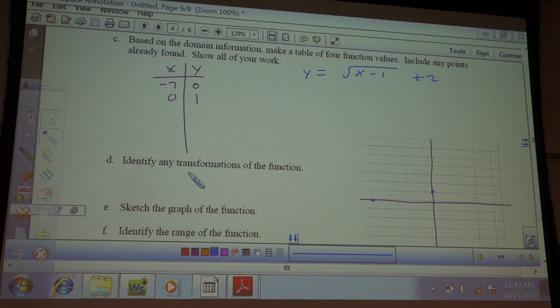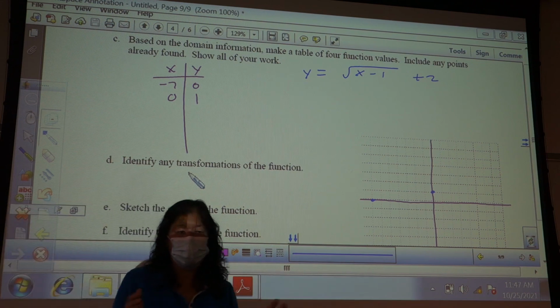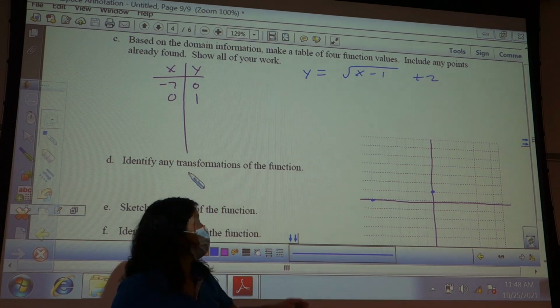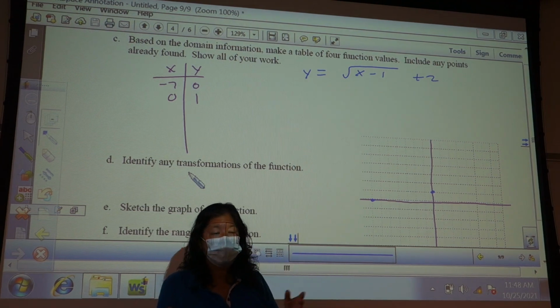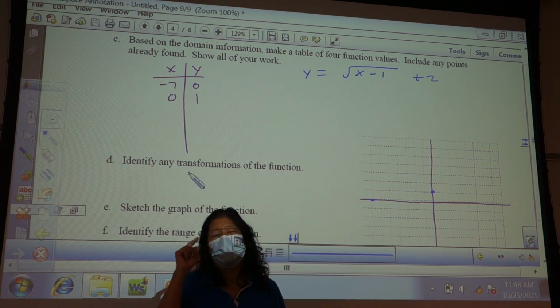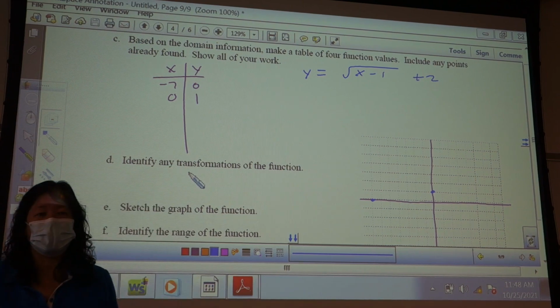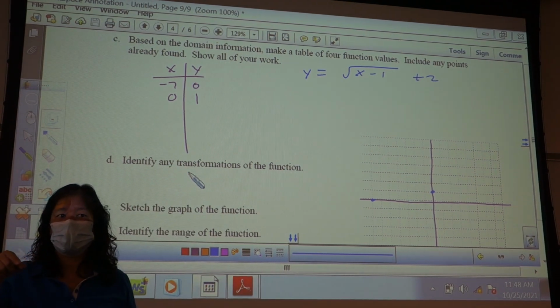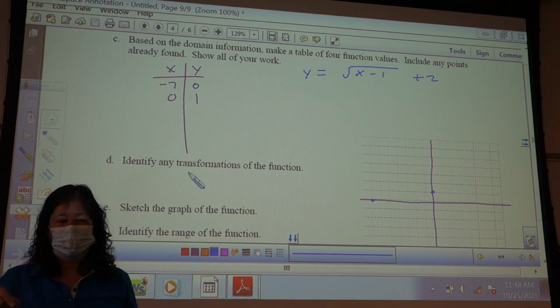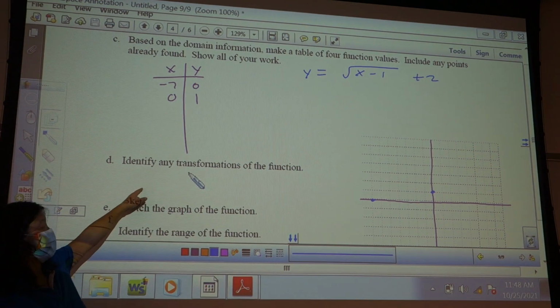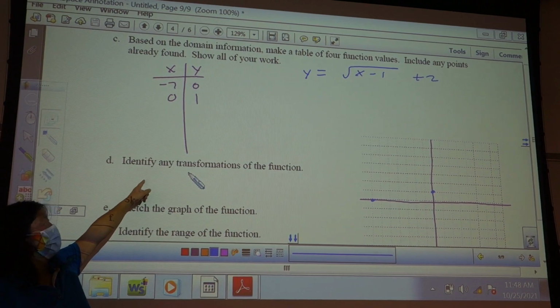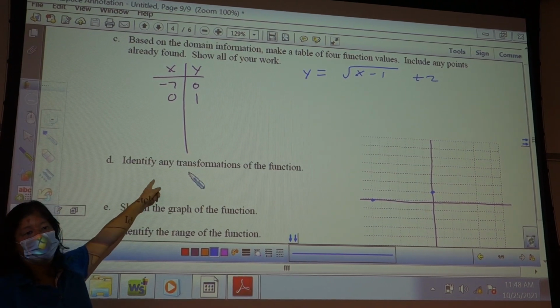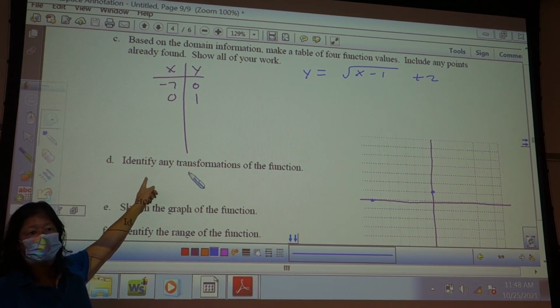On the inside, is it my left, right, or my up, down? Left, right. So the inside is -1. Everyone write down what that is. -1 on the inside. Remember, that's the opposite. So -1 means what? Write it down under transformations. What transformation is that?